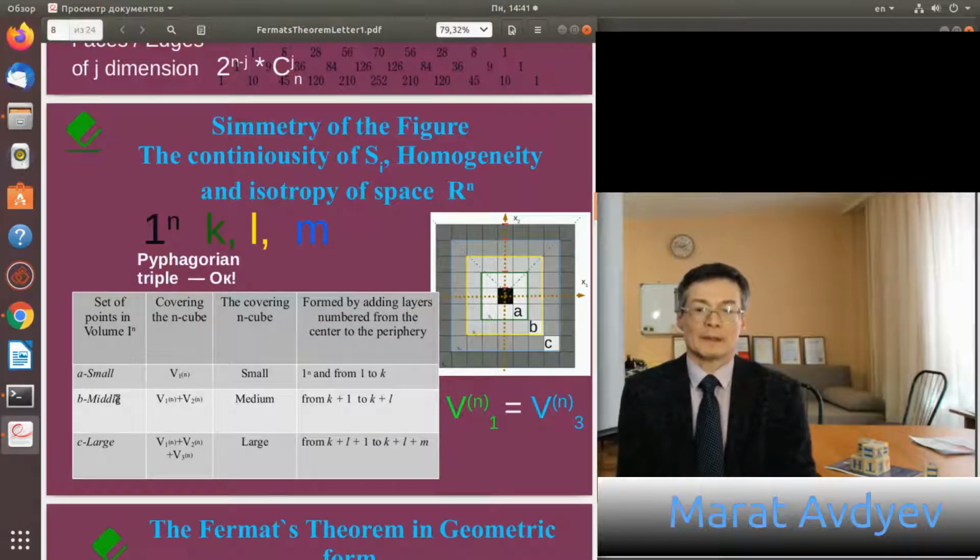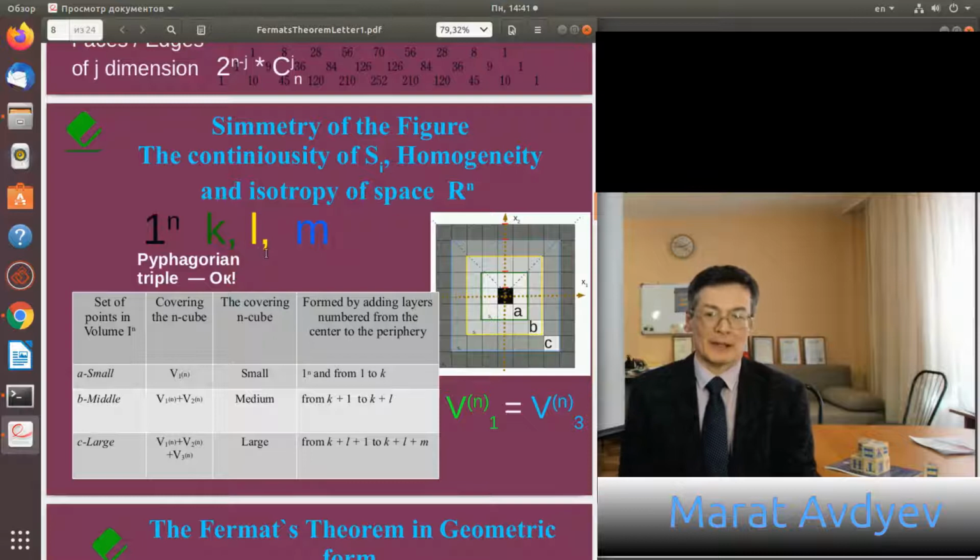Suppose we have 3 cube, A small, B middle, and C large. A small is the set of 1 power n and k layers. With additional L layers we have B middle, and with one more additional M layers we have C large.